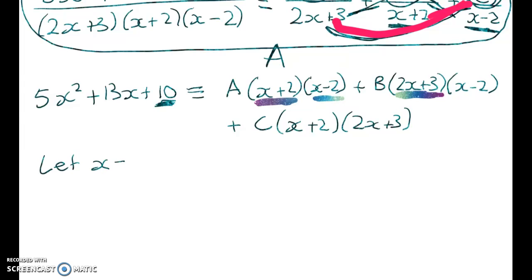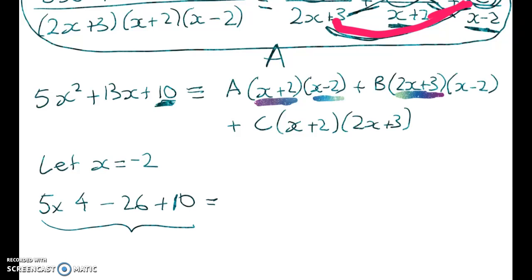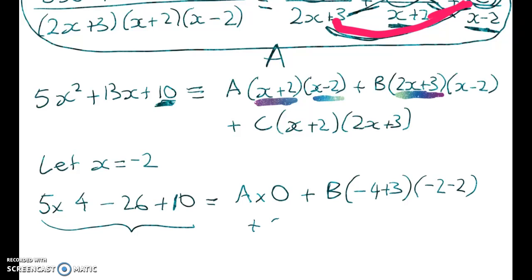I'm going to start by saying let x equal negative 2. Substituting, I get 5 times 4 minus 26 plus 10. Please don't skip steps and try to do that in your head, you will probably go wrong. That equals a times 0 plus b times negative 4 plus 3 times negative 2 minus 2 plus c times 0.